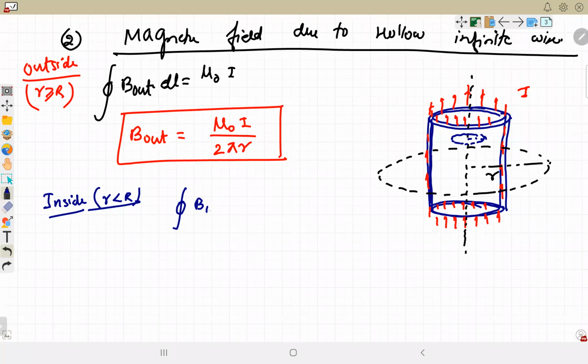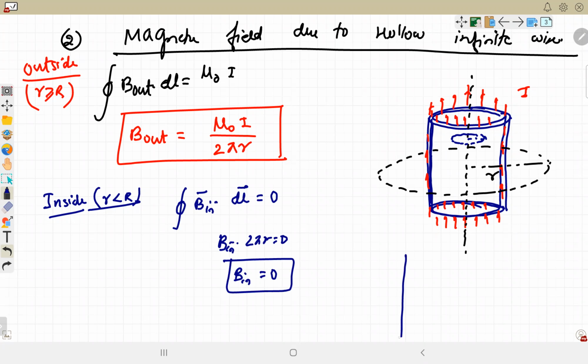Integral of B in dot dl is equal to 0, and therefore B in into 2 pi r is 0. Inside, the magnetic field is 0. In any hollow cylinder, when the current is passing only through the surface, the field inside will be 0 only.